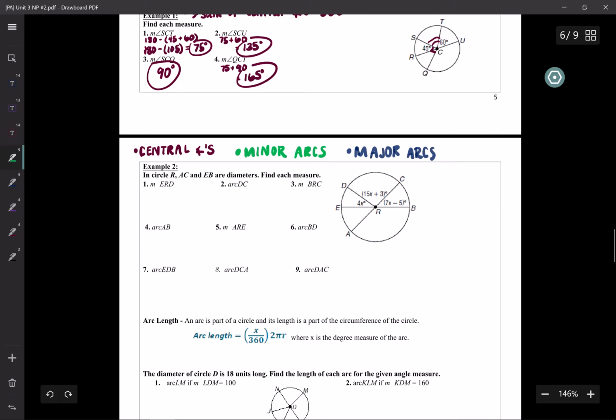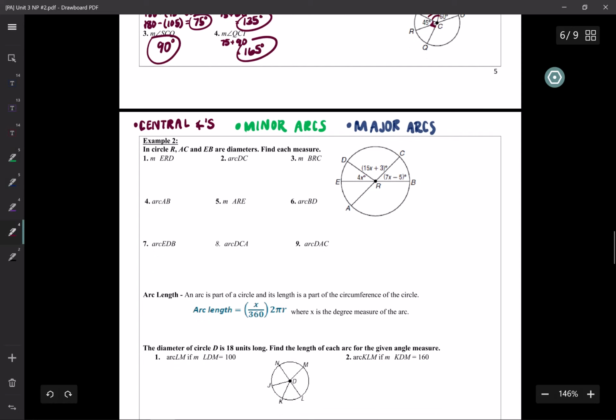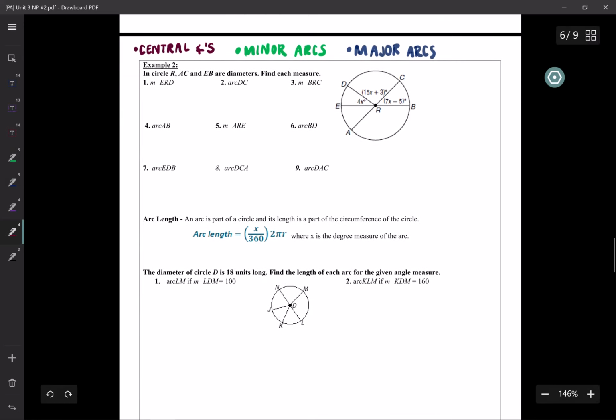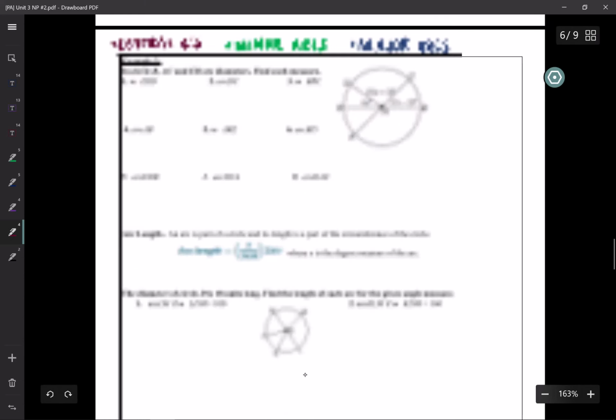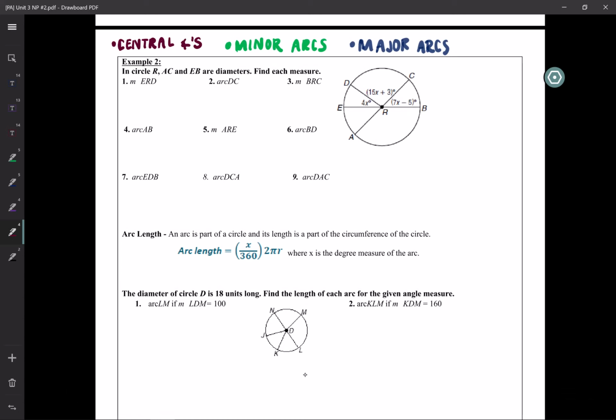Now, oftentimes I have people ask me, how can you tell the difference of minor and major arcs, or what kind of calculations you have to do? I just take a look at the notations. It didn't show up on my PDF, but numbers 1, 3, and 5 are all measurements of central angles because your paper should have the little angle mark there.